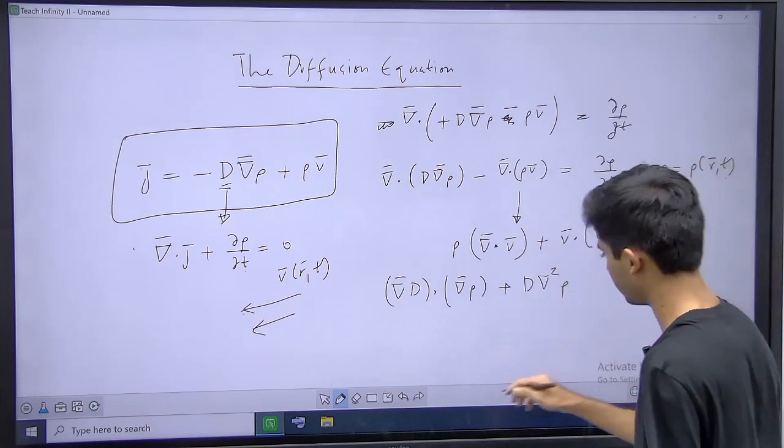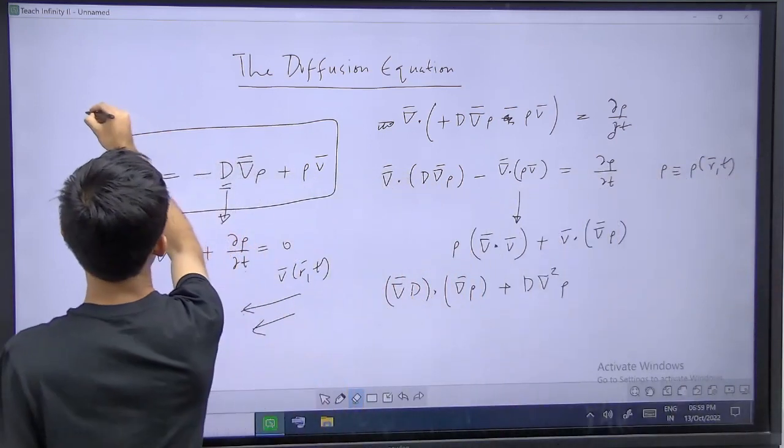And so putting everything together, I think we will get something like this.